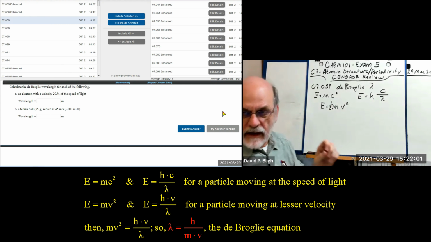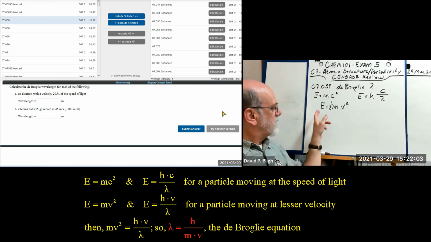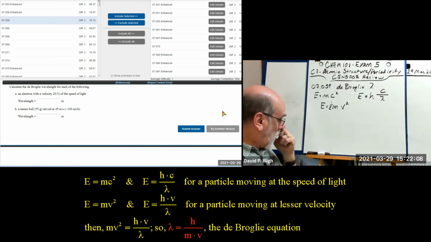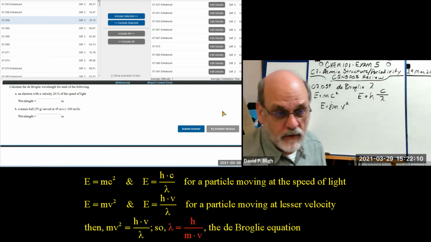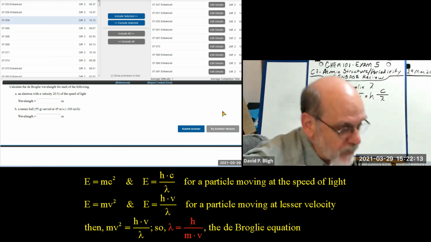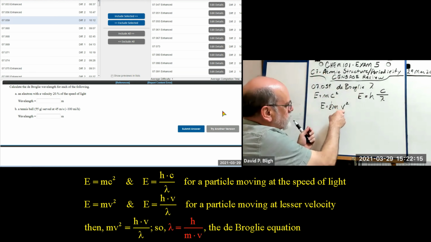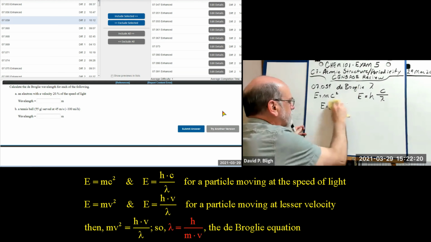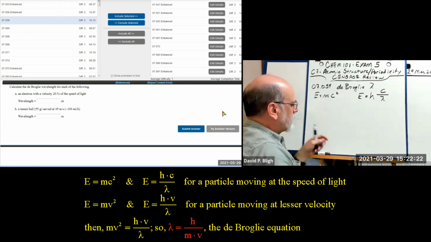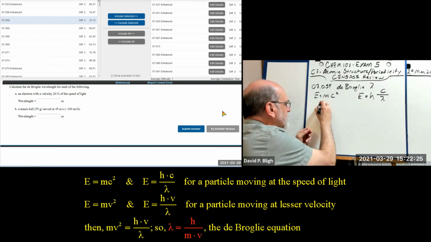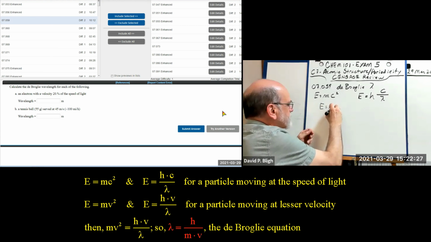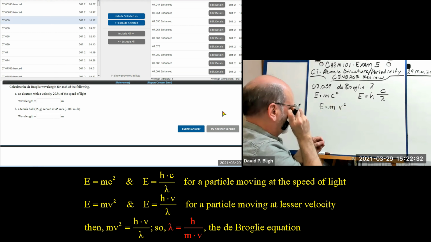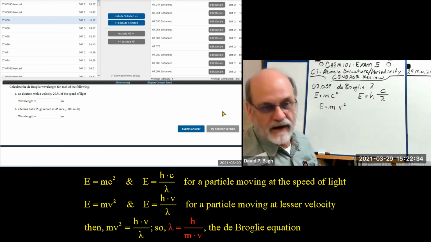Shouldn't it? Any object moving has this much energy. So I may come out with the wrong answer. If they're expecting to substitute velocity for speed of light, I think that's what they're doing. For an object moving near the speed of light, its energy is going to be mass times its velocity squared. All right, let's just see what happens.